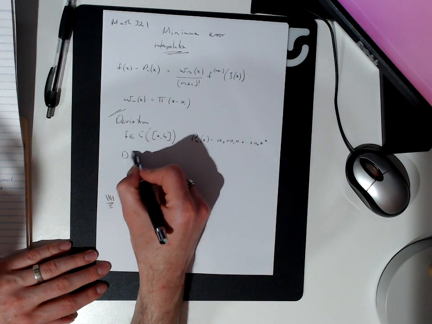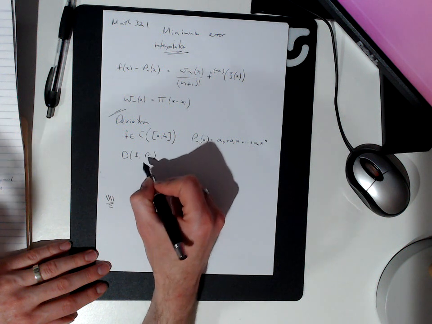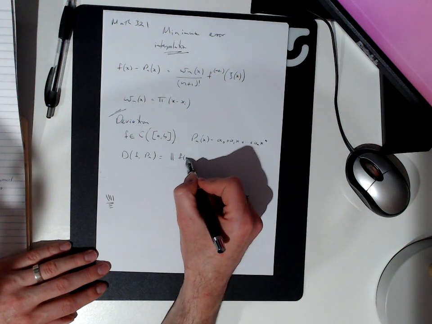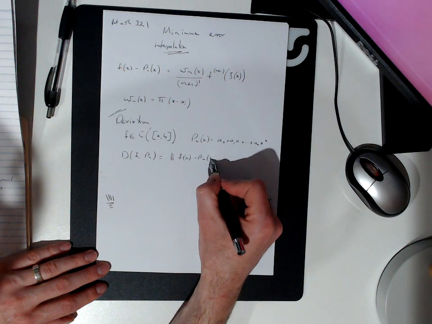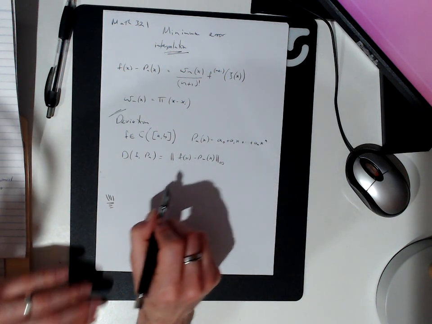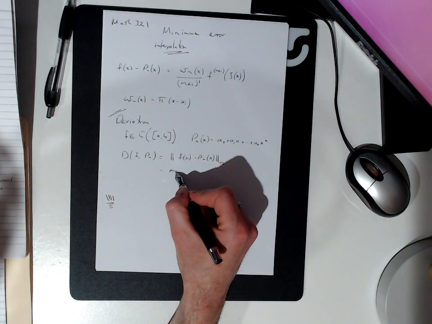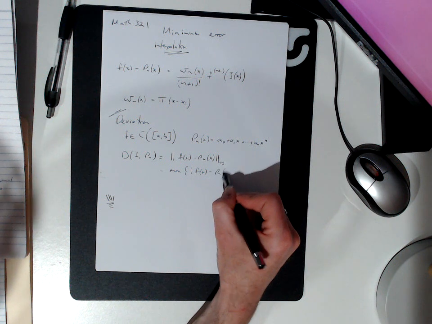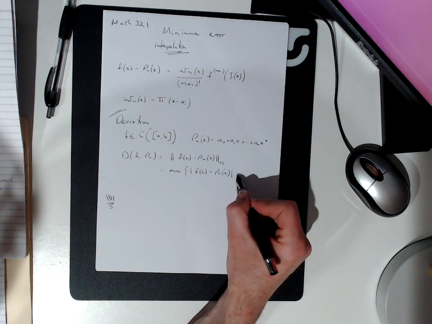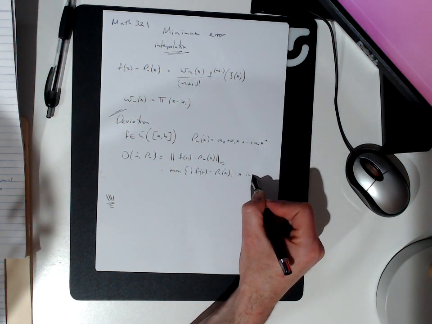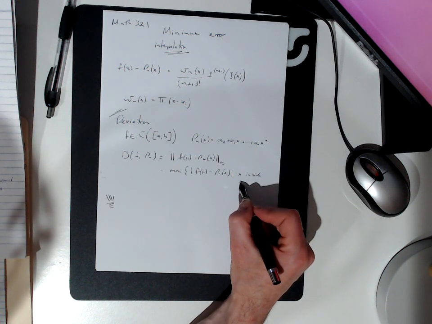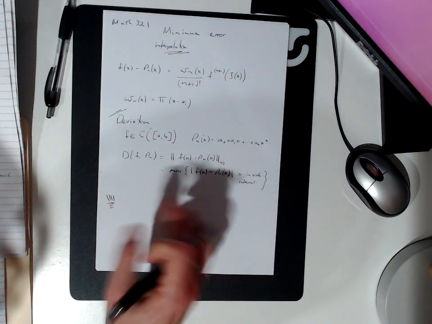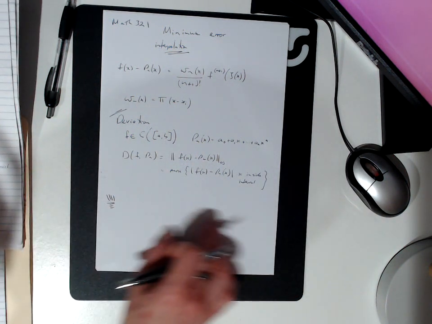Then the deviation of f from the polynomial is going to be our maximum norm over all of our points. So this is the maximum of the absolute value of f of x minus Pn of x for x inside the interval that we're considering. There's caveats on that, of course.